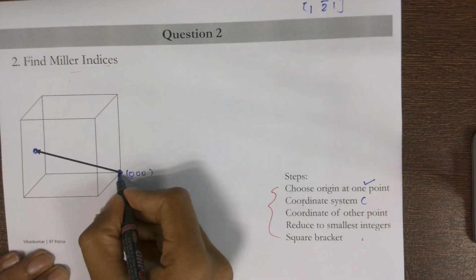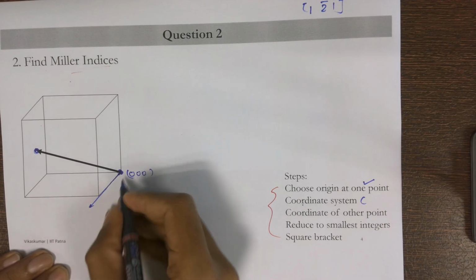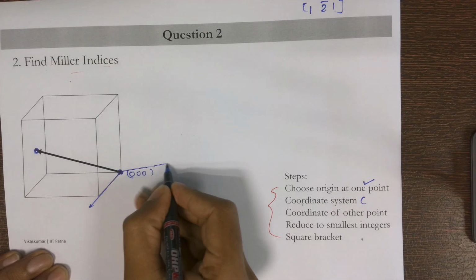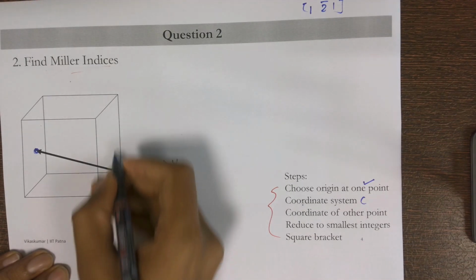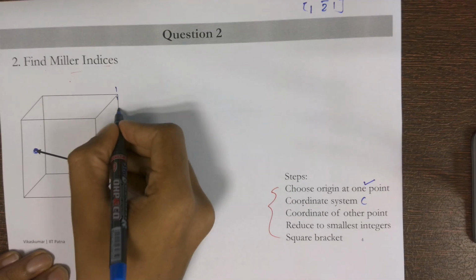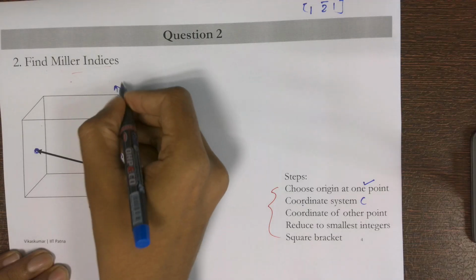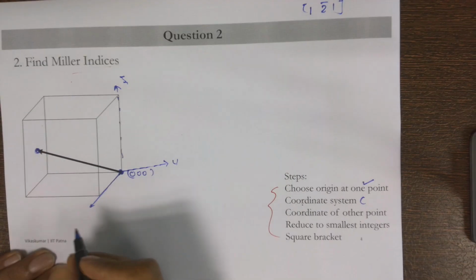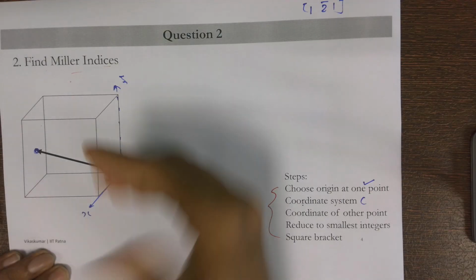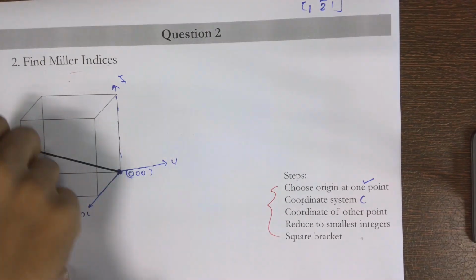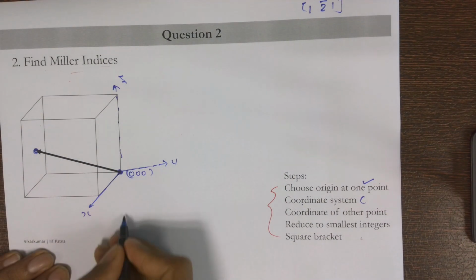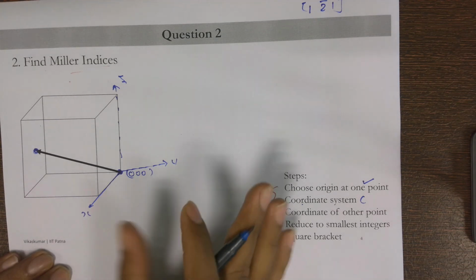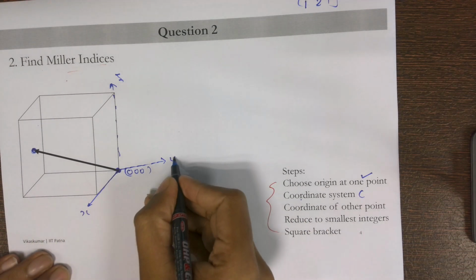Let's say this is x, this is y, and the z direction will be above. We just have to make sure that if we do a cross product from x to y, or a to b, it should point toward z. Don't take z like this suddenly. It should follow the rule.